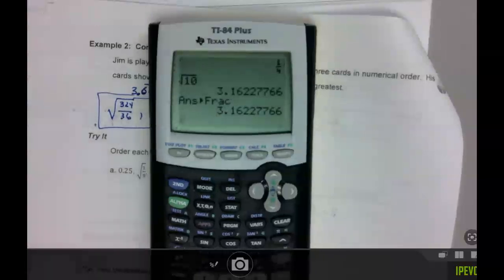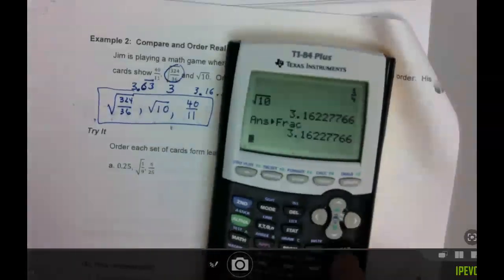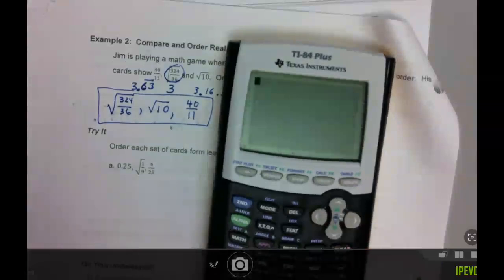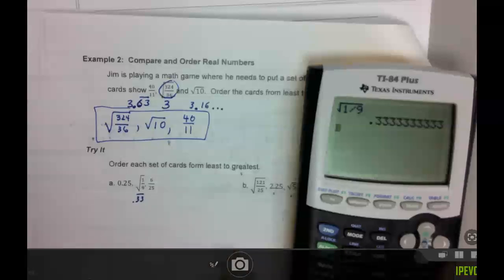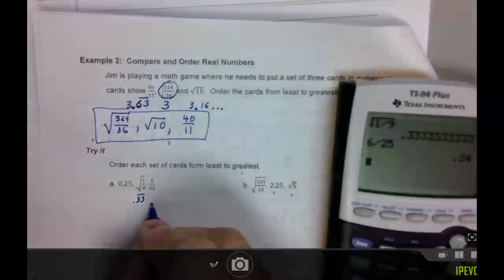Okay. All right, so then we got the square root of, so hit the second key, square root. Does everybody see where to get the square root? Hit 1 divided by 9, hit enter. So it's a repeating decimal, which is 0.33 repeating, isn't it? Correct? Then 6 divided by 25, I get 0.24, correct?